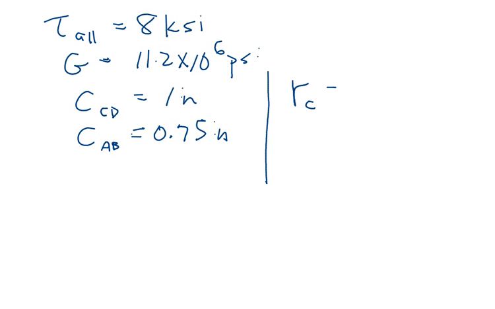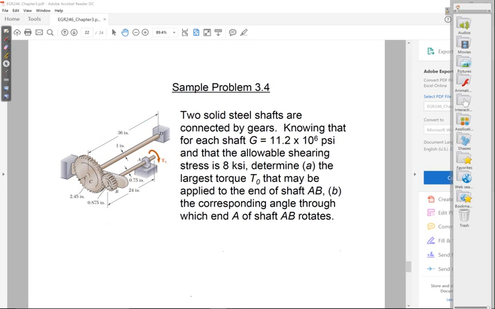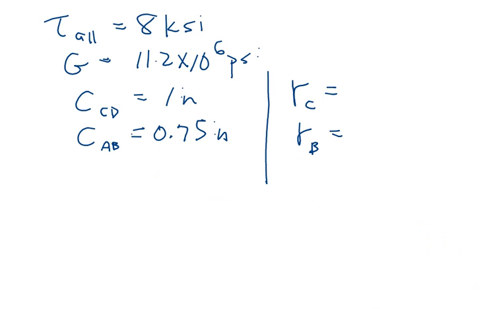Gear C, and we have gear B, right? These are 2.45 inch and 0.875 inch.